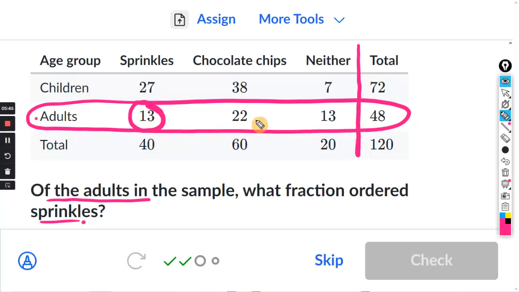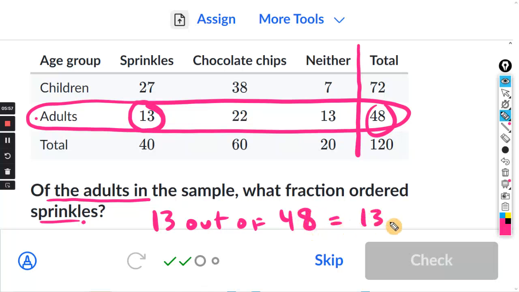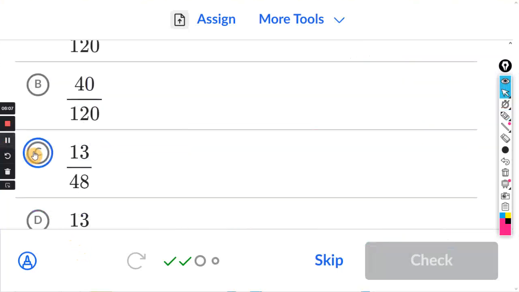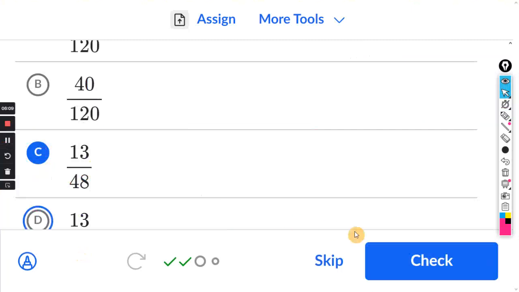So that's going to be 13 out of 48. As a fraction, that's just 13 over 48. Answer C.